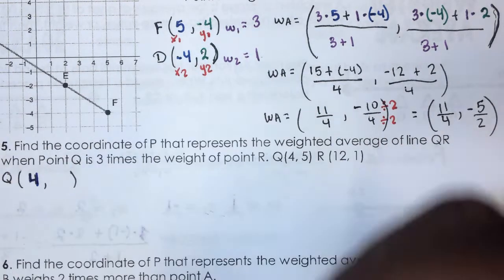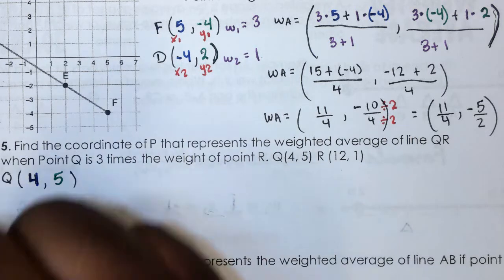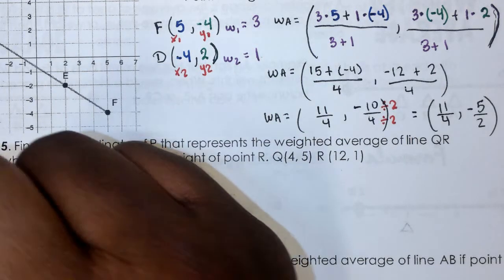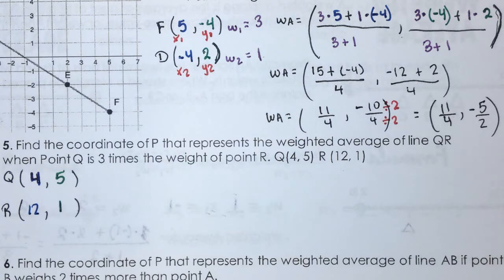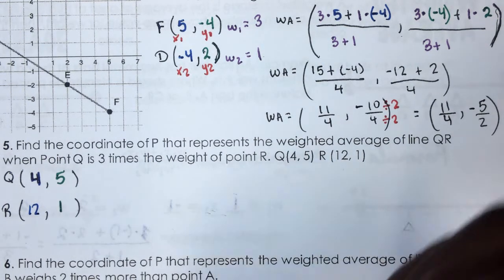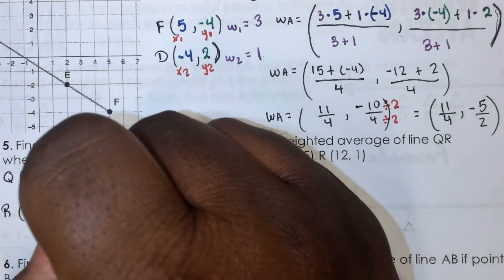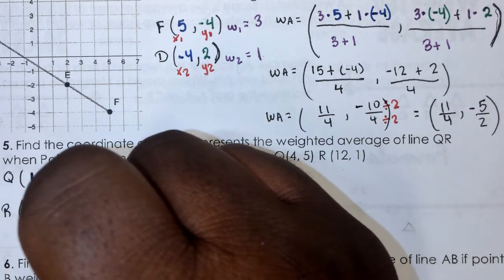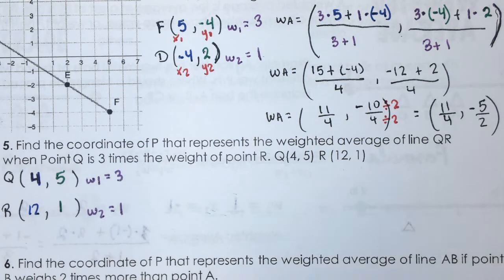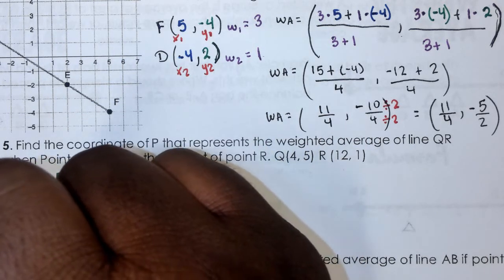Reading it, it says point Q is 3 times the weight of point R. This is X1, Y1, X2, Y2.